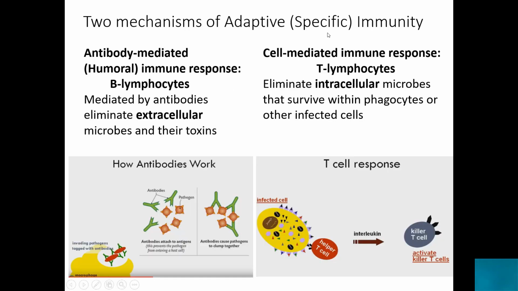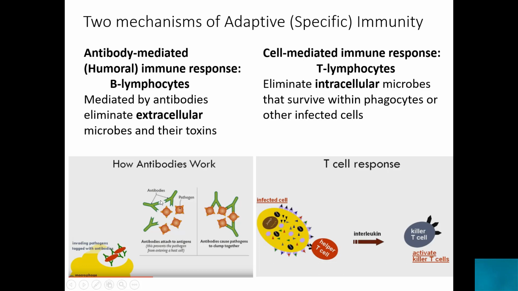Adaptive or specific immunity operates by two mechanisms. One is called antibody-mediated or humoral immune response. It's provided by B lymphocytes, and B lymphocytes produce antibodies that work between the cells in extracellular fluids, eliminating bacteria, viruses, and their toxins.